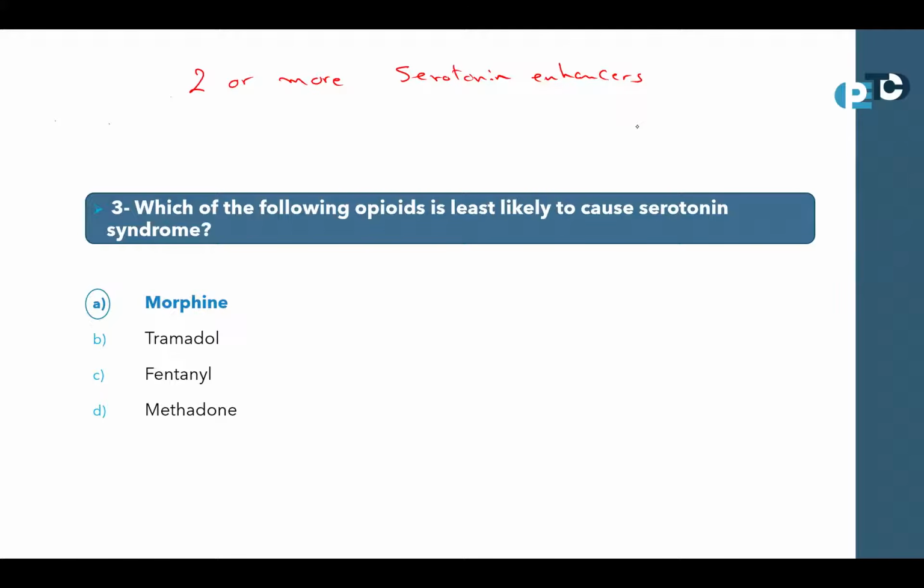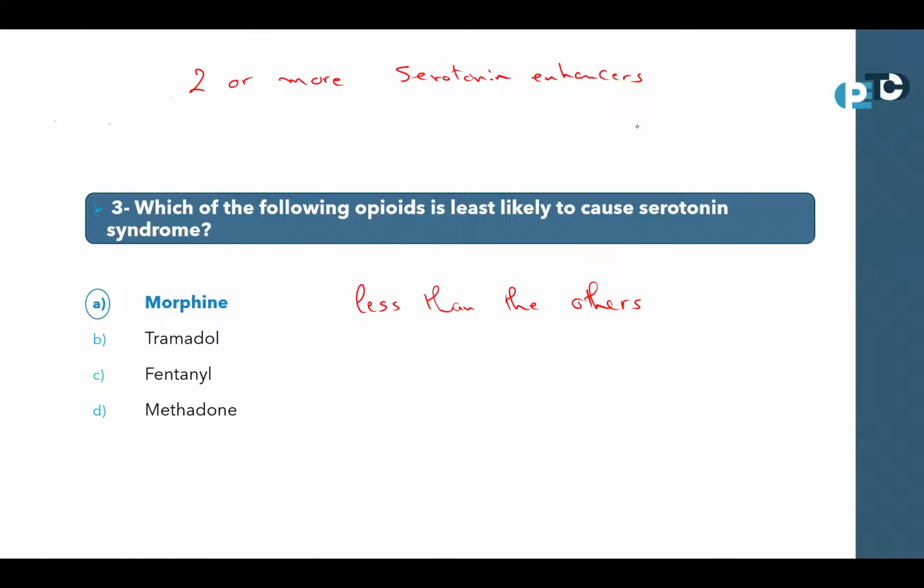Morphine's effect on serotonin level is less than the others. Why do we choose morphine? Because its interaction with other serotonin enhancers is less than the others.